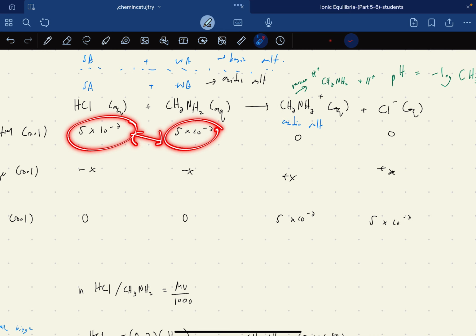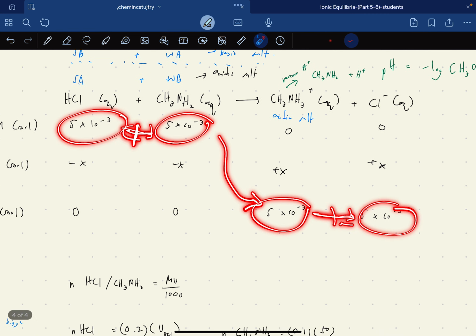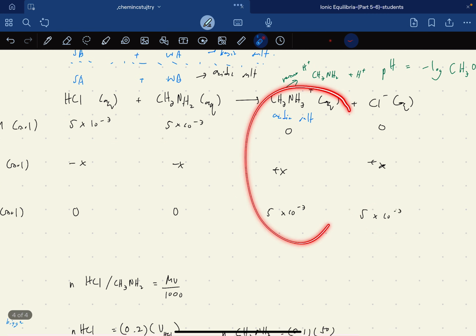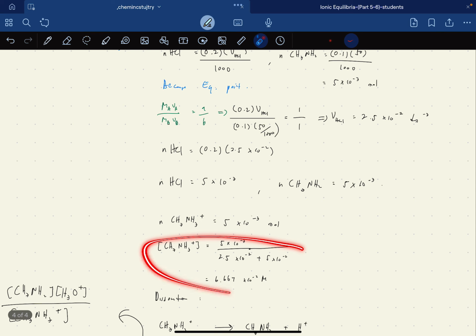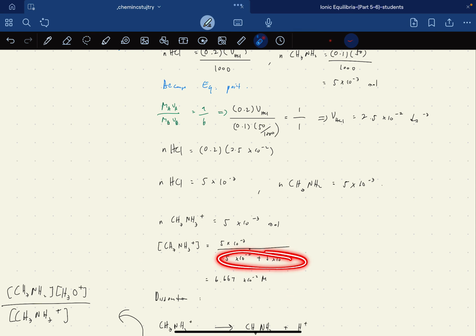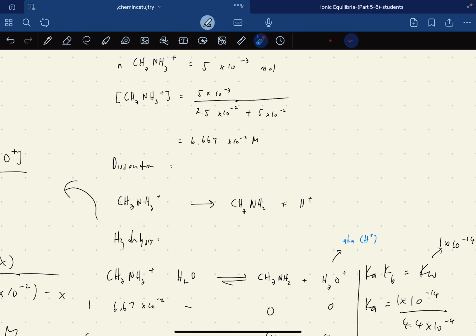All of this turns into these two. So now we find the mole of the acidic salt. Step 2, we find the concentration of the acidic salt, which is divided by the total volume. Then next we do dissociation, which is easy because everything is 1.